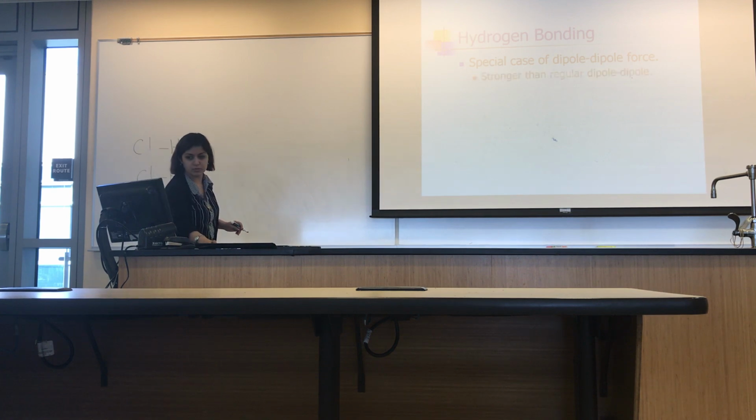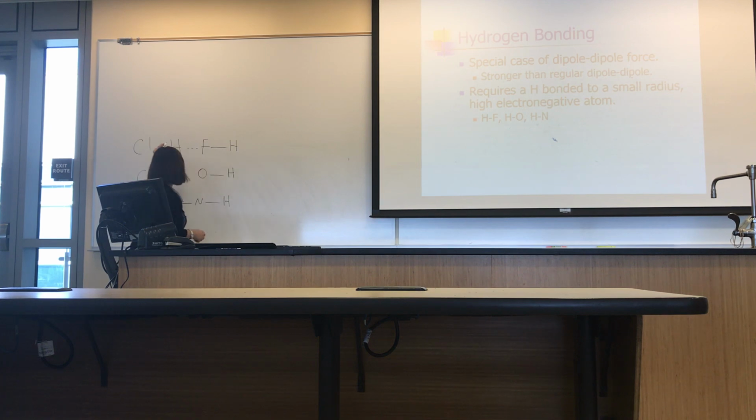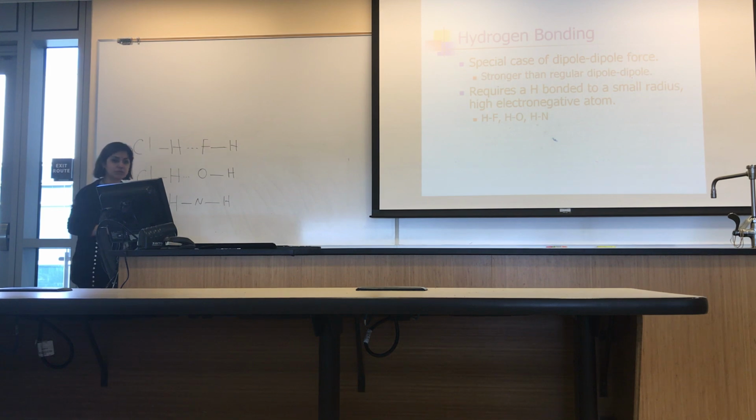The other molecule can contain fluorine, oxygen, or nitrogen. So there should for sure be fluorine, oxygen, or nitrogen present in the other molecule. That makes hydrogen bonding, and you can see that this happens between the two molecules.